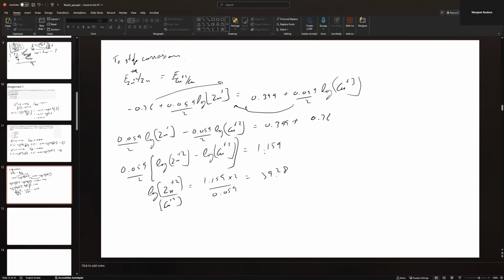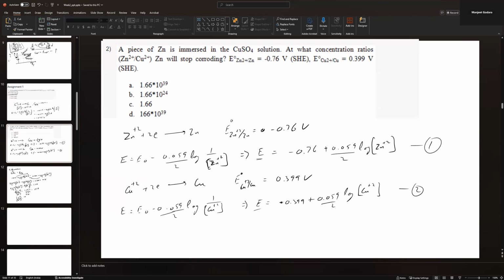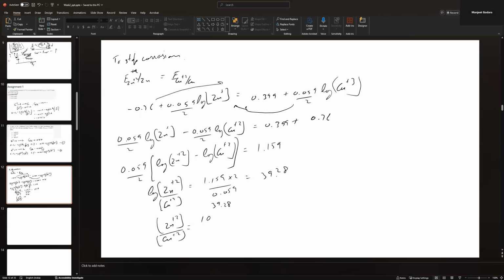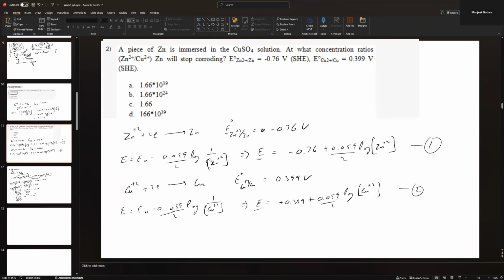Now taking the log to the other side, Zn2+ ion concentration divided by Cu2+ ion concentration is equal to 10 to the power 39.28, approximately 10 to the power 39. So A would be correct.